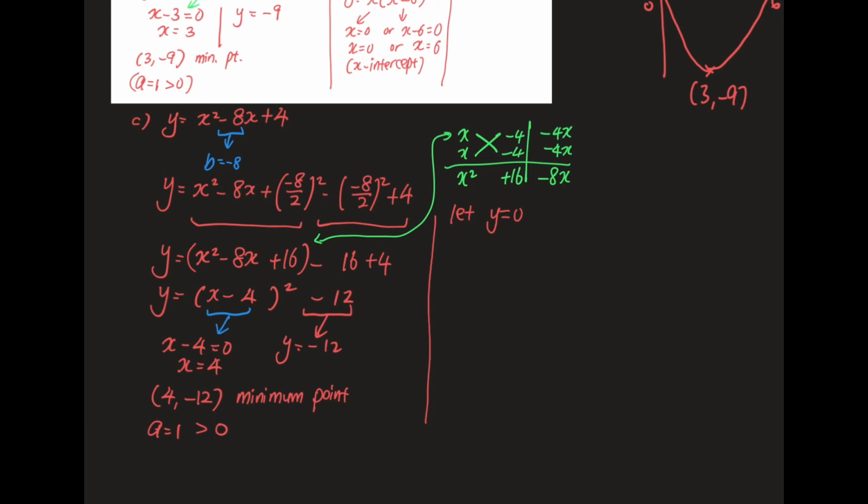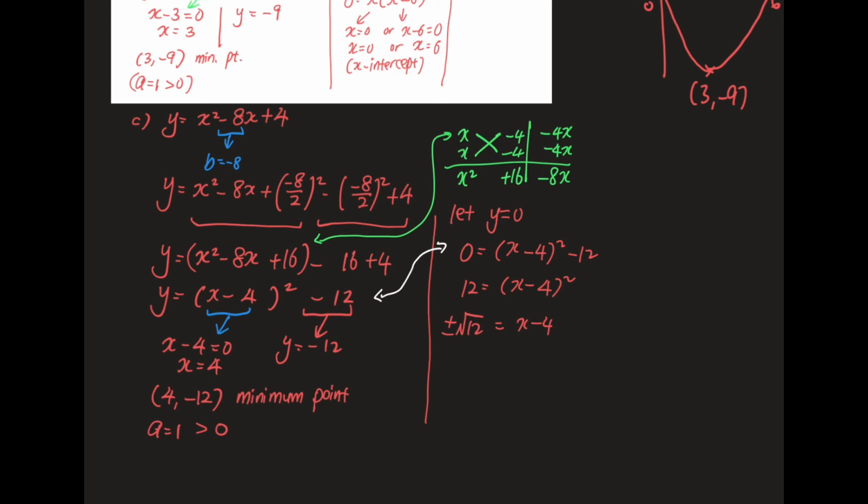I'm going to use the form after completing the square, which is this form. y is 0. (x minus 4) squared minus 12. So 12 equal to (x minus 4) squared. So we square root and bring the square to the left, then you get plus minus square root of 12.